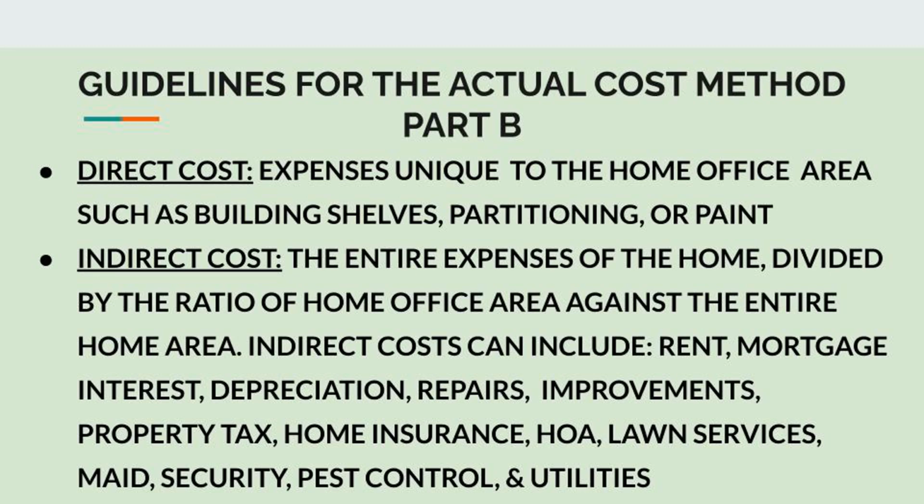Or in the same manner, if you're doing an inventory, you need to build shelves, for example, to store your inventory. That's the direct expense. Indirect cost is the entire expenses of the home. So the indirect cost is the cost for an entire house, the amount that you pay for your rent, or your utilities, pest control, internet, things of that nature.